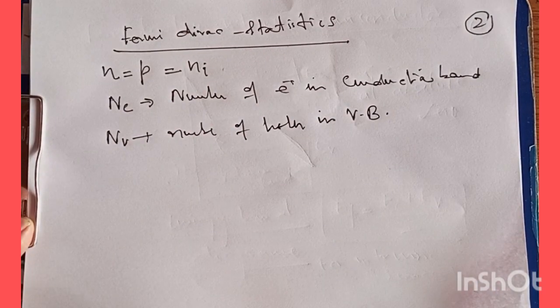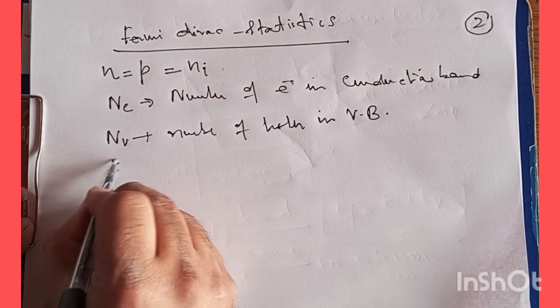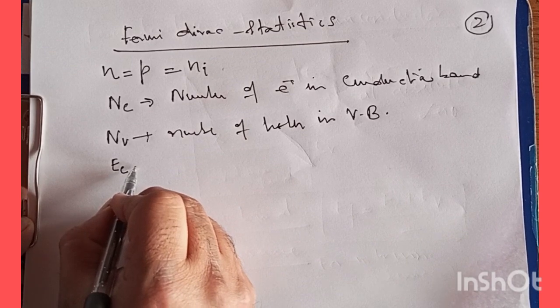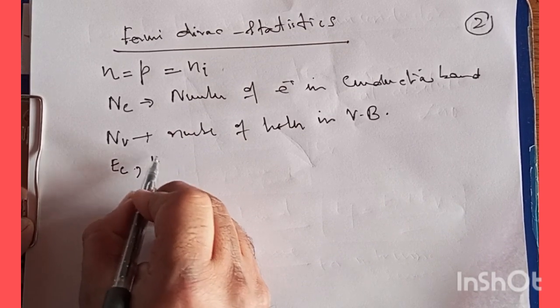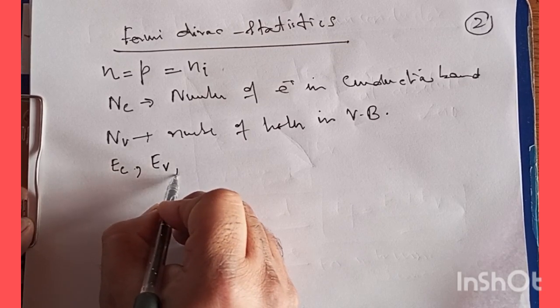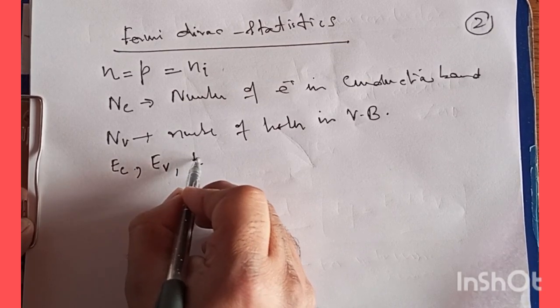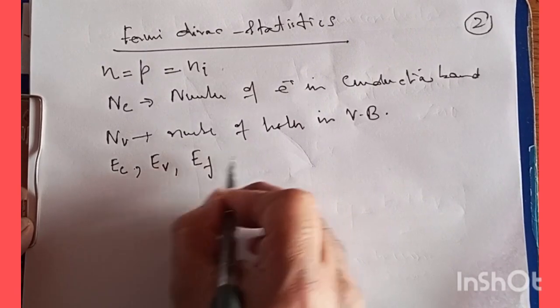And if that's the case, and if I assume that EC is the energy of the top of the conduction band, EV is the energy of the valence band, and EF is the Fermi energy.